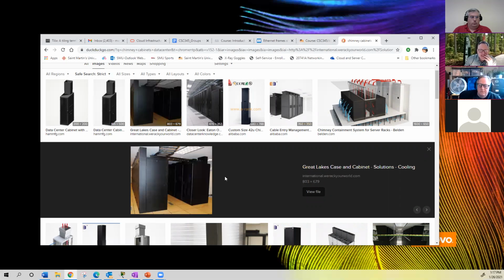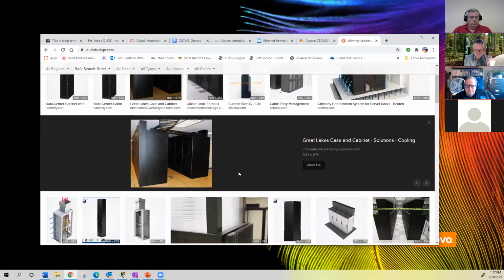And these chimneys are then connected to that false ceiling so that it can exhaust the heat directly out through that top area called the plenum area and back to a crack unit to be cooled.